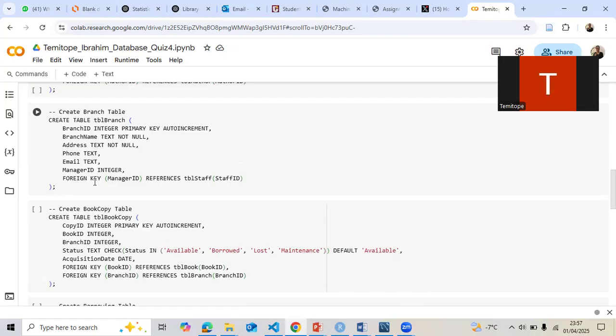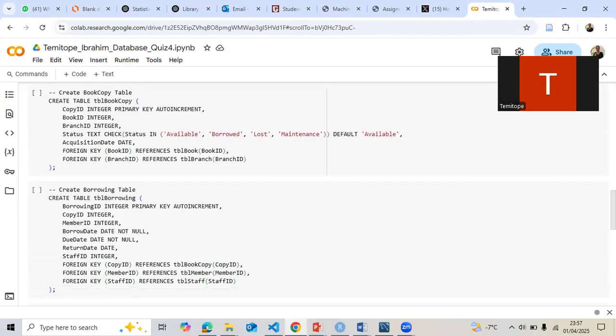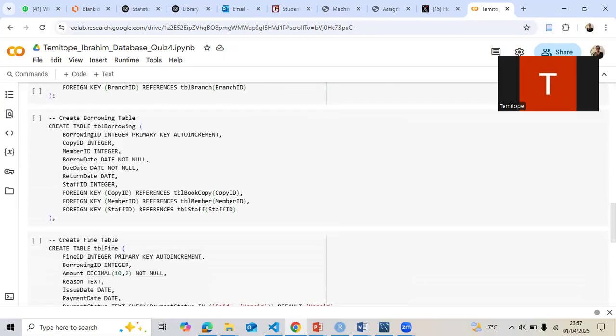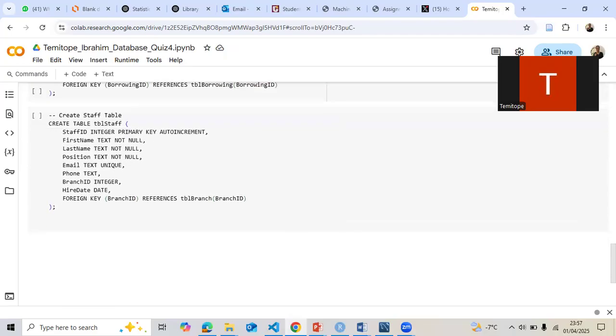This manager ID is a foreign key in the branch table, where branch ID is the primary key. So those are the syntax for creating all our tables. You can see all the commands for creating tables in SQL. This is how we created the tables in SQL.